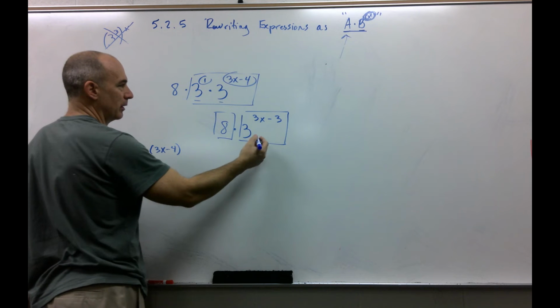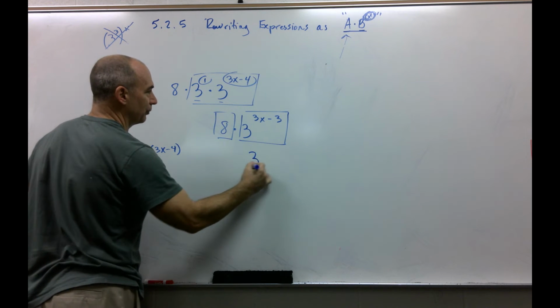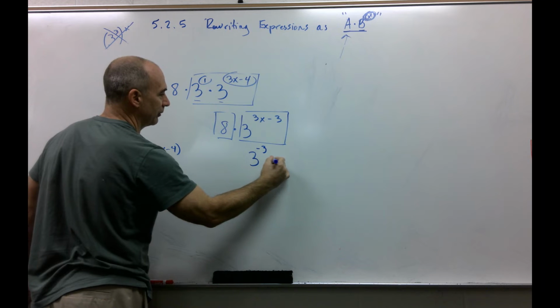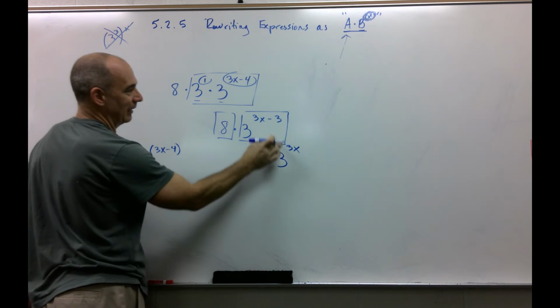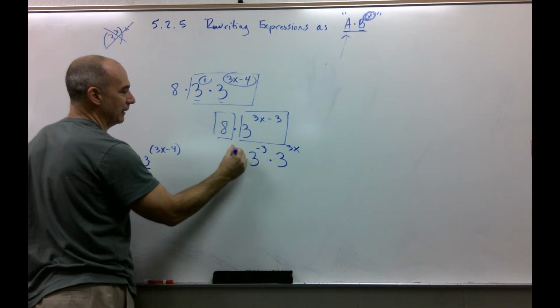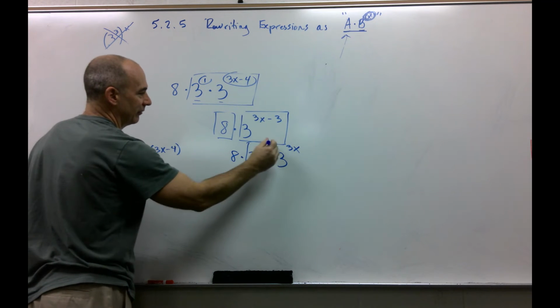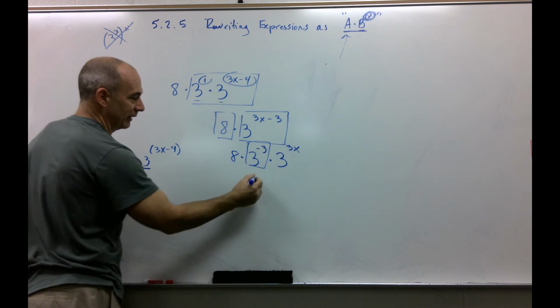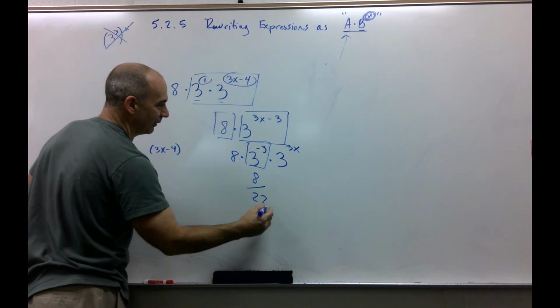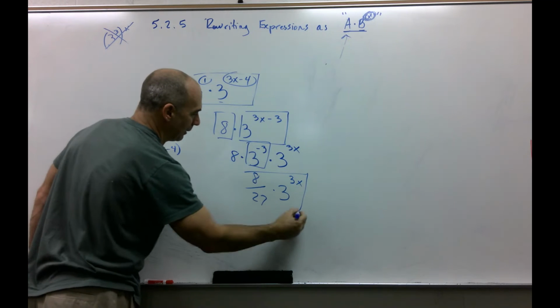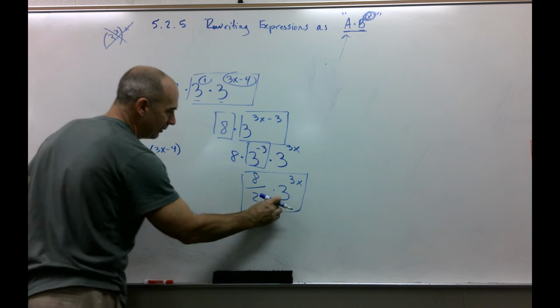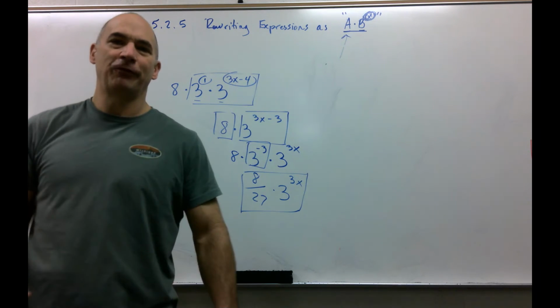So we take a look at this and we go 3, I'm going to make it to the negative third times 3 to the 3x, because this is the same thing as that stuff in the box, times 8. Now this is just 1 over 27, so I get 8 over 27 times 3 to the 3x. And now I'm really, really done, because this follows the definition of an exponential function.